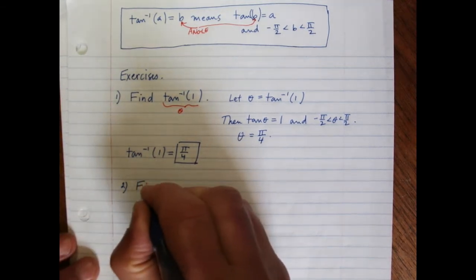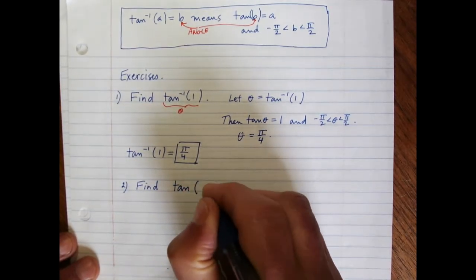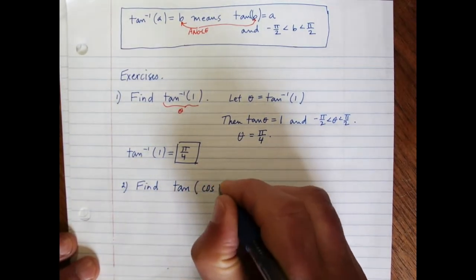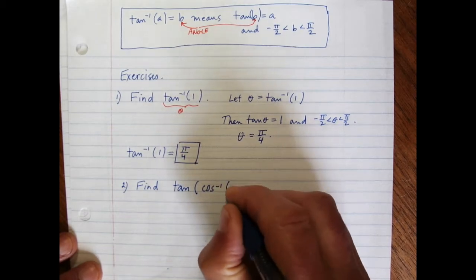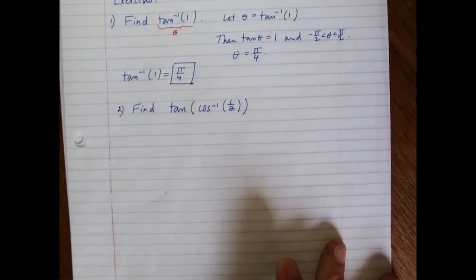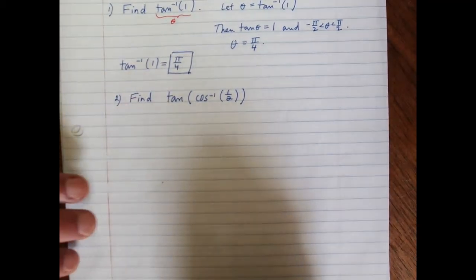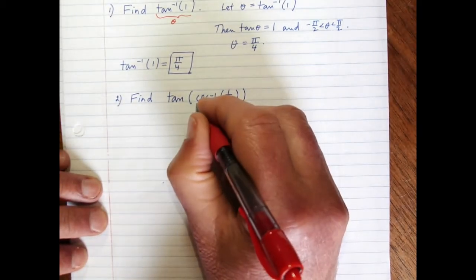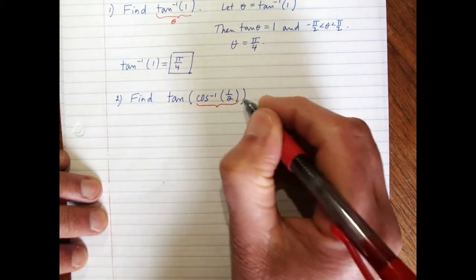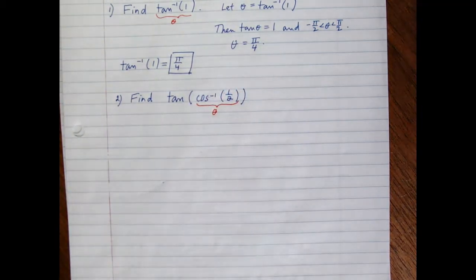Number 2, find tan of cosine inverse of 1/2. So we have one of these composition situations. In this case, I want to give a name to the output of the inverse cosine.